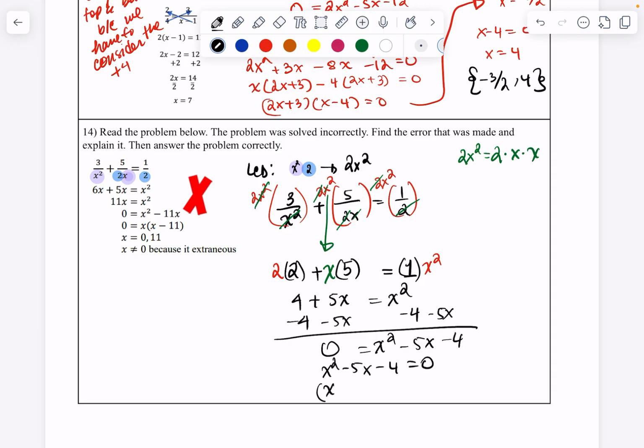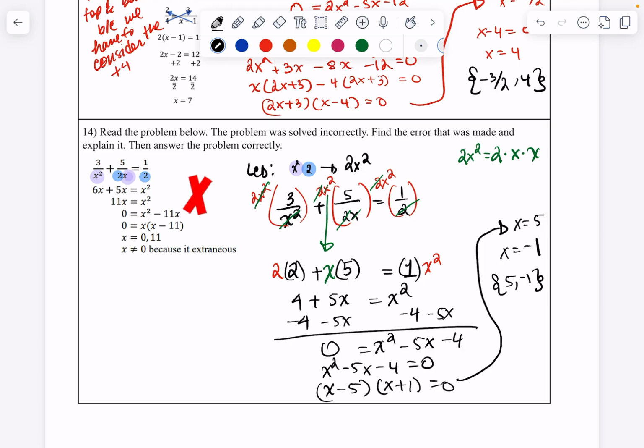That is x minus 5, x plus 1 is equal to 0, which leaves me with x is equal to positive 5 and x is equal to negative 1. We don't have any extraneous root because either of them in the denominator will not give me undefined.